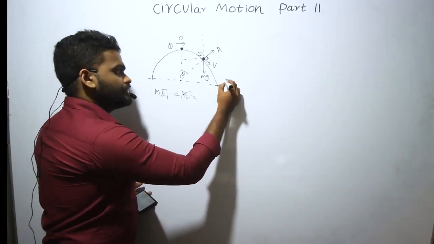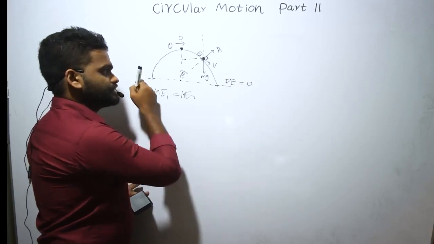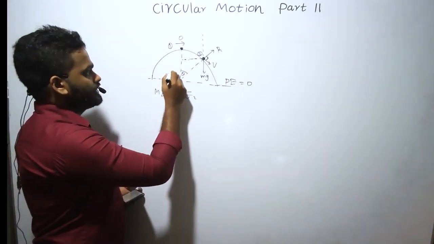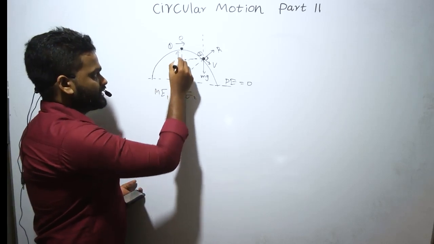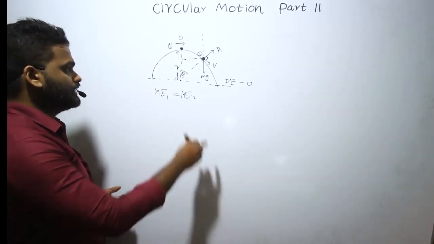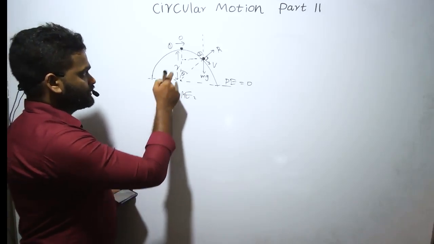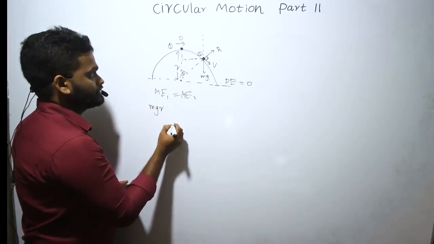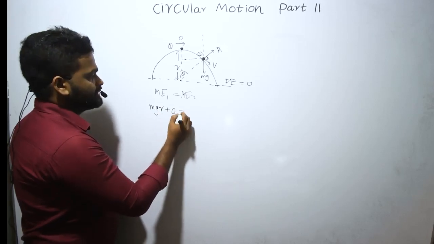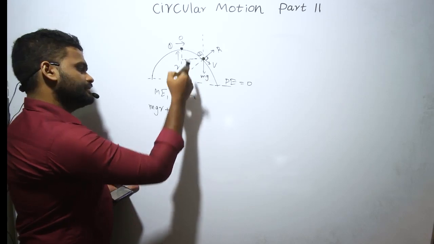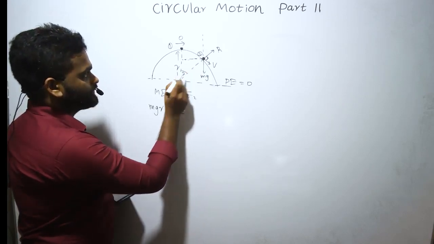So for that, I'll draw the P equals 0 line, this line. Right. So at 1, let's say the radius is R. Okay. So here, potential energy is mgr. Kinetic energy is 0, right? It is released from here. Then at here, potential energy is what?